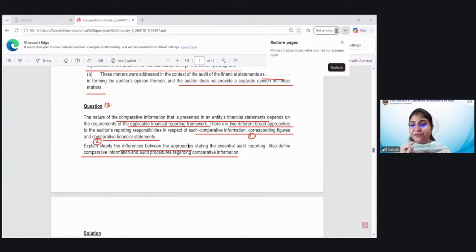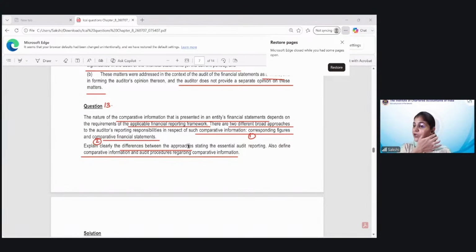There are two different broad approaches to the auditor's reporting responsibility in respect of such comparative information, corresponding figures, and comparative financial statement. Explain clearly the difference between the approaches, stating the essential audit reporting. And also you have to define the comparative information and audit procedures regarding comparative information.